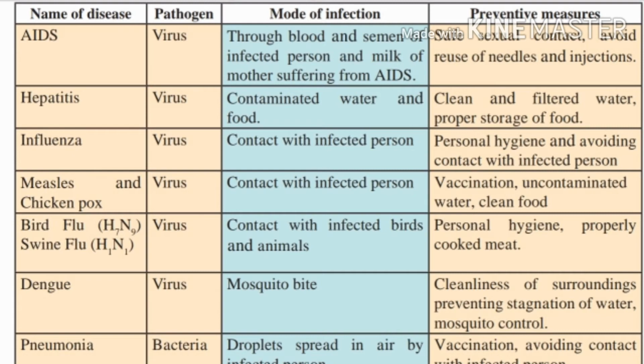Then the next disease is measles and chickenpox. It is caused by a virus. The mode of infection is contact with the infected person. To avoid this disease, one should get vaccinated and always eat safe food and drink boiled water.